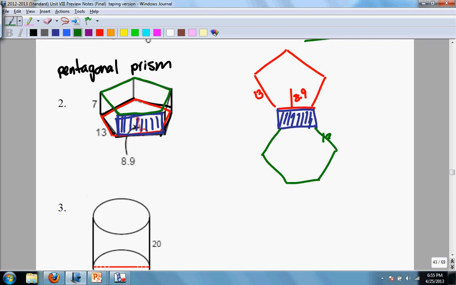Again, the edge length is 13. And the same apothem, since it's a mirrored image, is 8.9. And the blue is going to be, that edge length is 13 as well. And this height, if you're really careful, you should see that it's already 7. So bring this around, that's 7.